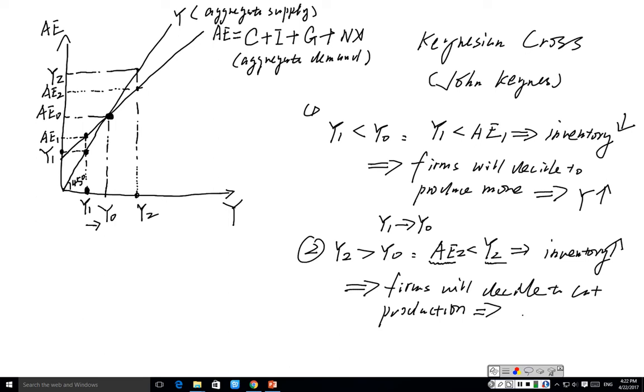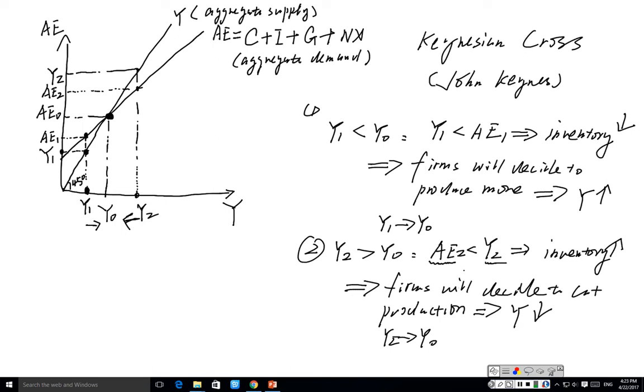As a result, GDP is going down because every firm in the society makes a similar decision to reduce output. And GDP at Y2 here will start to reduce. The whole economy will move from Y2 to Y0 automatically.